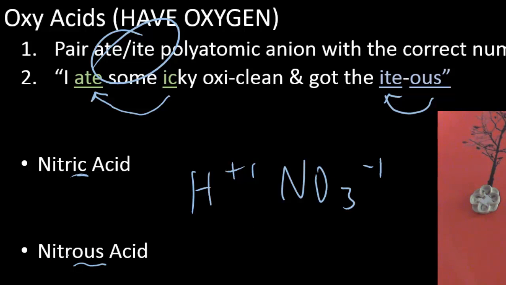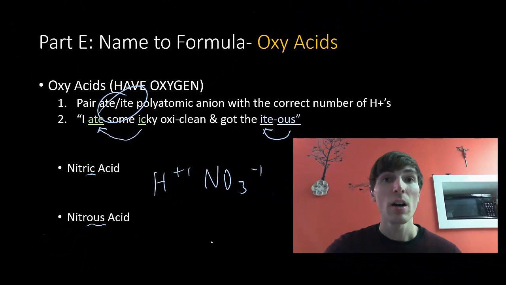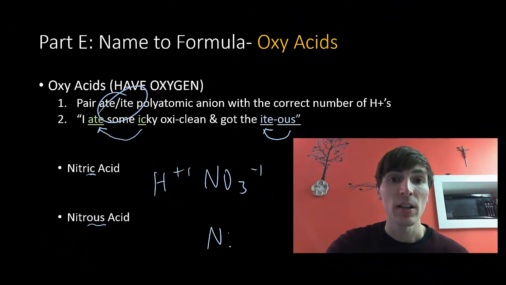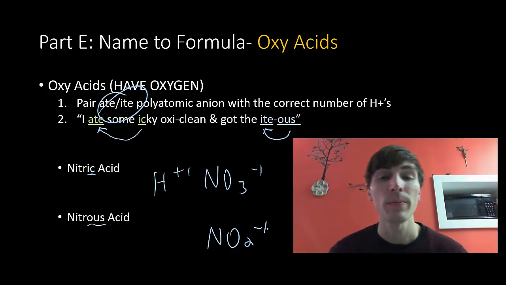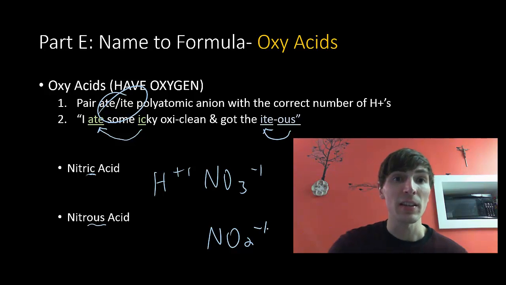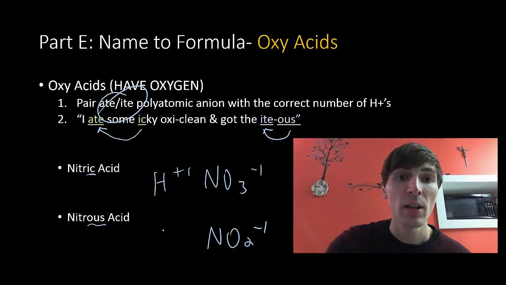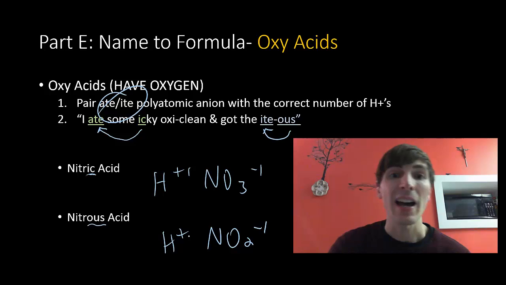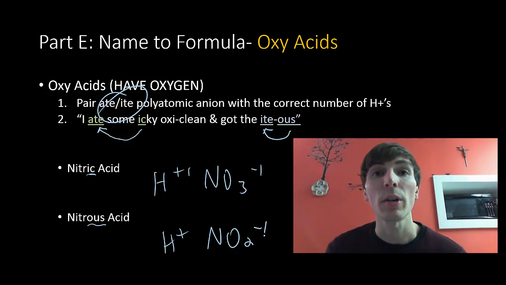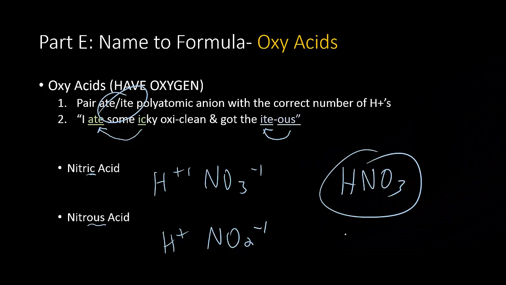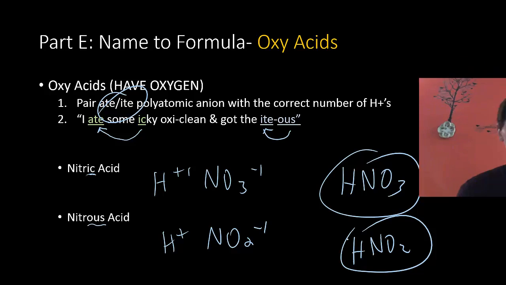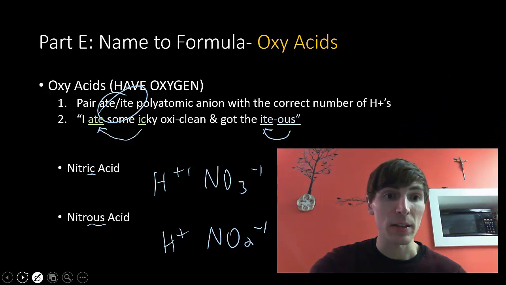I take nitr and add ite: nitrite is what I'm looking for. On my polyatomic ion sheet, nitrite is NO2 minus 1. I pair this polyatomic anion up with H plus: 1 H plus, 1 nitrite anion. We have a neutral compound, HNO2, nitrous acid.